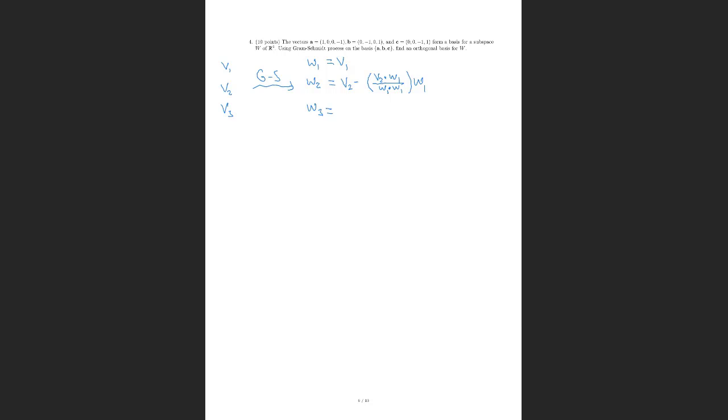And then W3 is going to be similar, but we'll take V3. And now we want to subtract from V3 its projection onto W1 and W2. So this would be the projection of V3 onto W1. And then here would be the projection of V3 onto W2.